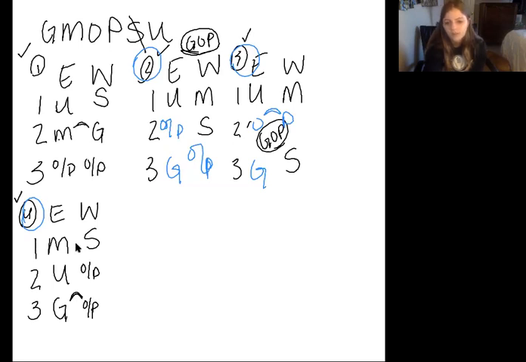That could happen down here, so that's wrong. S is presented at 1 in the West Theater. That can happen here, so that's wrong. S is presented at 2 in the West Theater. That can happen here, so that's wrong. U is presented at 2 in the East Theater. That can happen in 4, so again, that's wrong. So our answer is A.